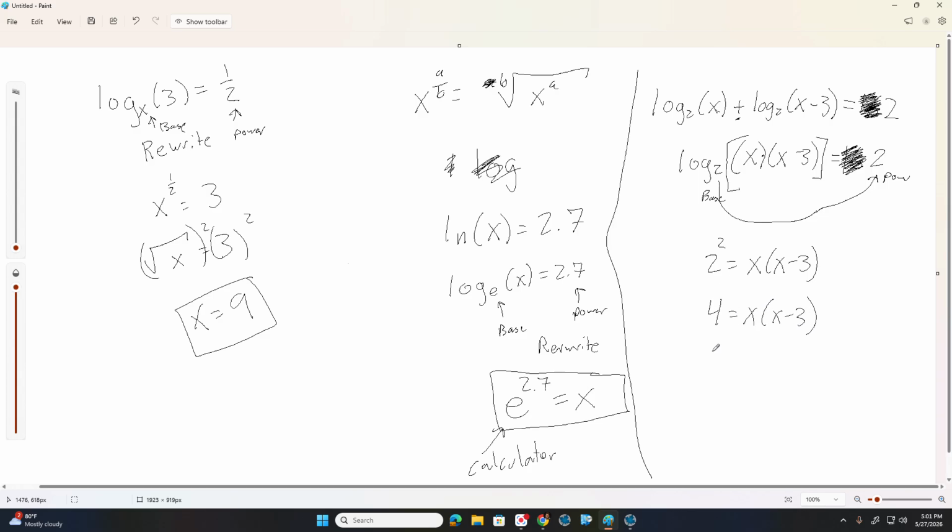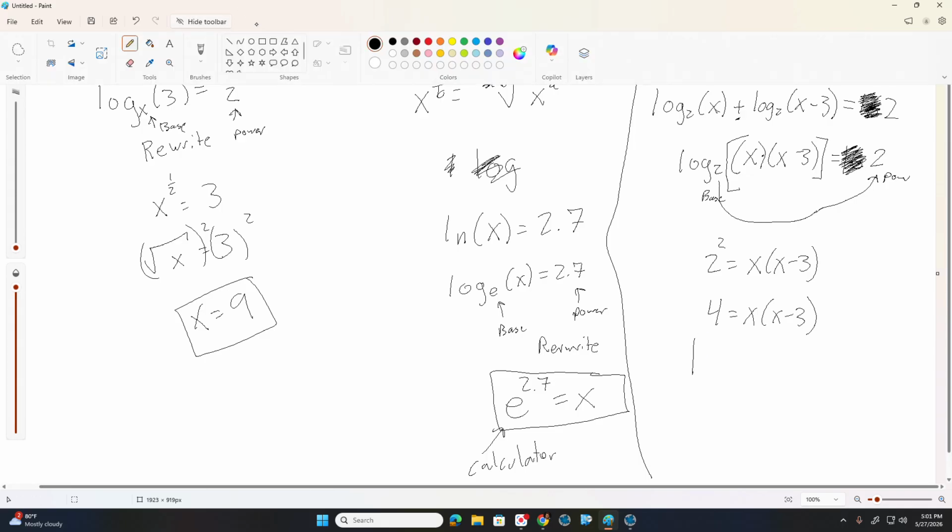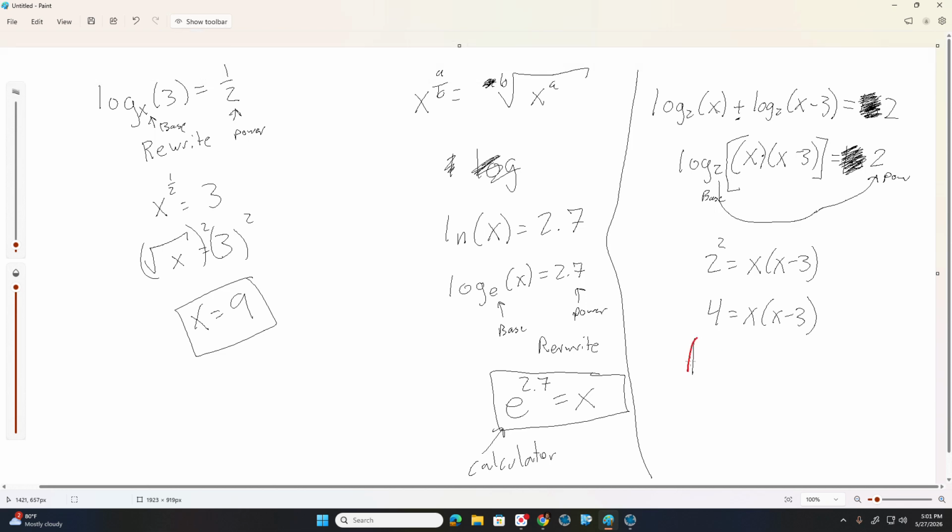Now please note, I'm going to go red, with a different brush, because I want you to make sure that this is bad. Do not do this. You cannot say that 4 equals x and 4 equals x minus 3.